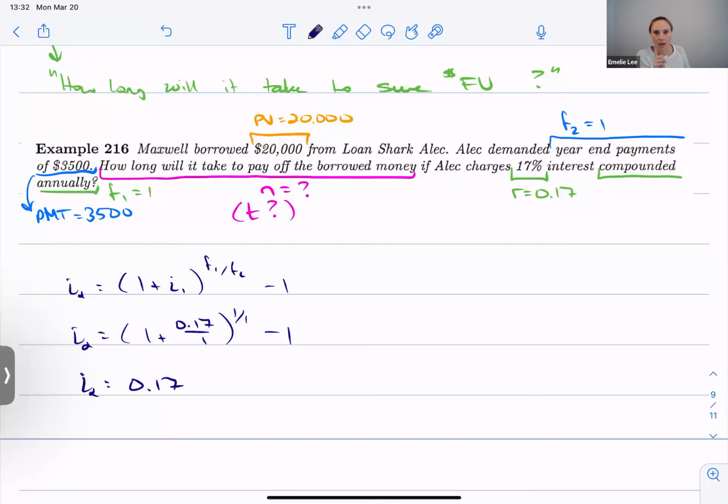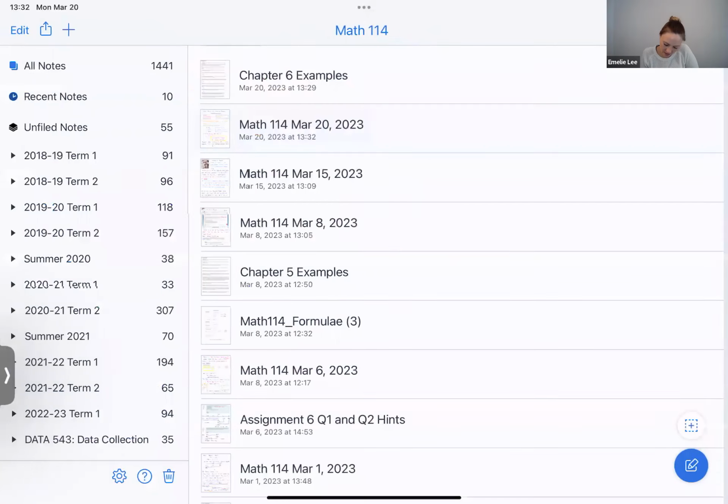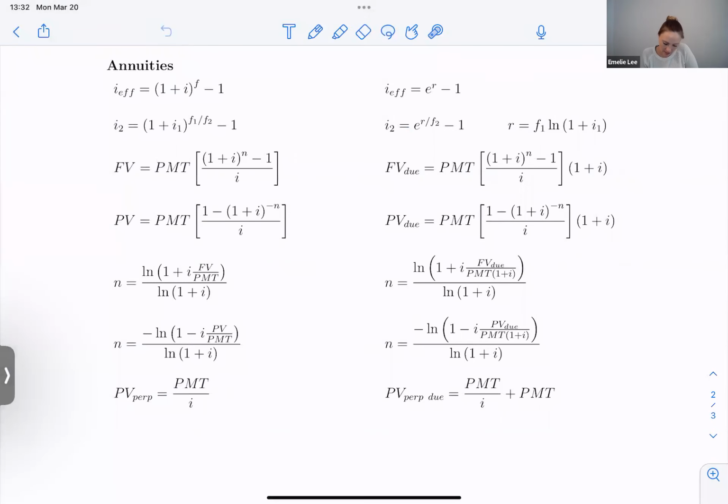Now, because I have the present value, that's going to turn me towards the right formula. I have these two to choose from. I don't have the future value because the future value should be 0. If you put in 0 here, it's not going to work, because it has nothing to go off of.